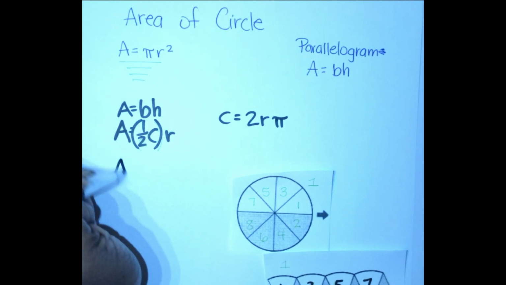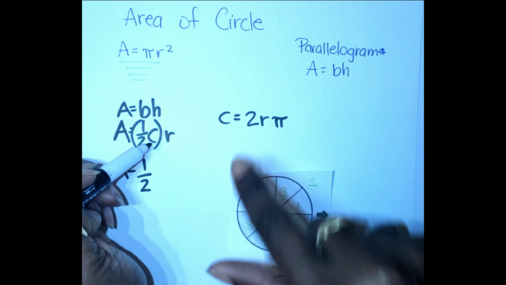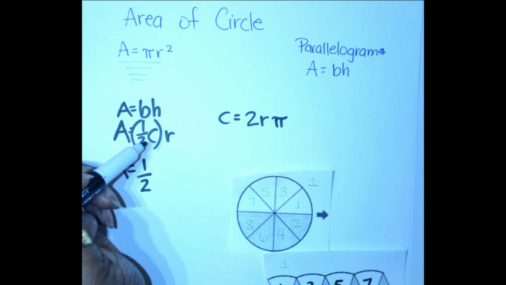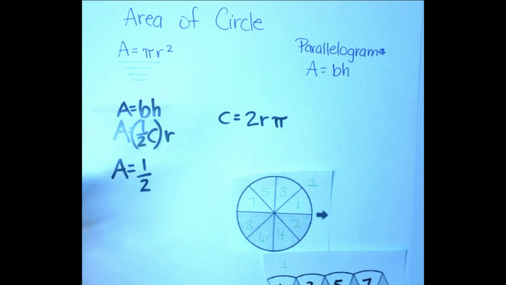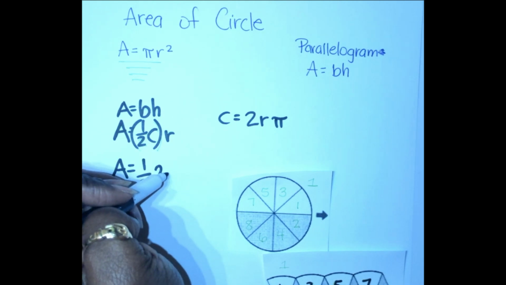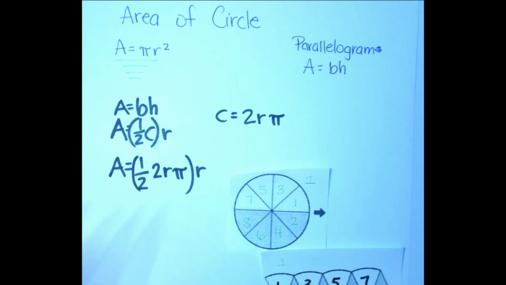So then we have area is equal to 1/2. Instead of the c, we're going to replace it with what we know the circumference to be. The formula for circumference is twice the radius times pi. So we're going to say 1/2 2 times r times pi. Okay, so all of that, and we're going to multiply that by r.